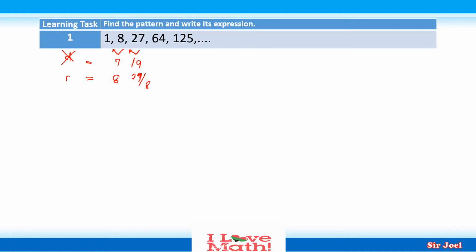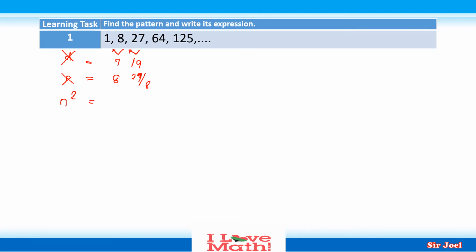So, ibig sabihin, wala rin siyang common ratio. Aside from common difference at common ratio, tingnan natin kung pwede siya sa squaring of a term.